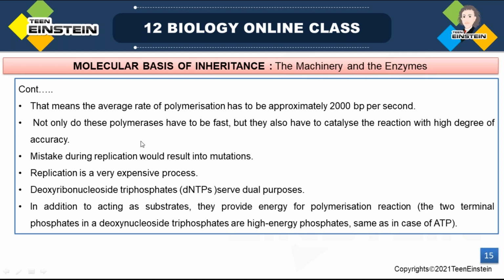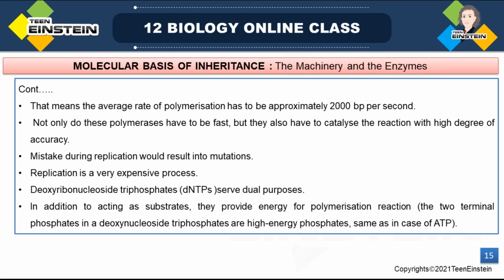This is not only fast, but it also gives a high degree of accuracy. Not only is the rate of the reaction high, it is accurate also. Since these reactions run at a very fast rate, some mistakes may also happen.